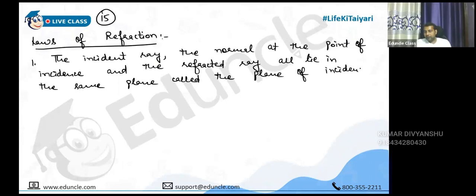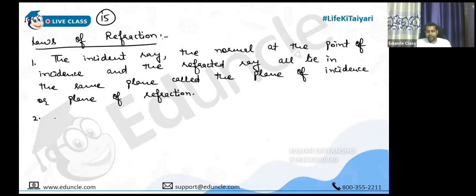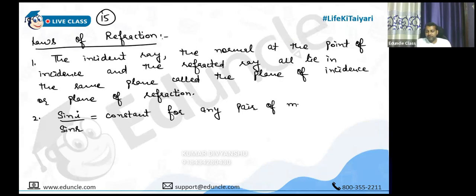Plane of incidence or plane of reflection. The ratio of the sine of the angle of incidence to the sine of the angle of refraction is constant for any pair of media. Pair means there should be at least two media.